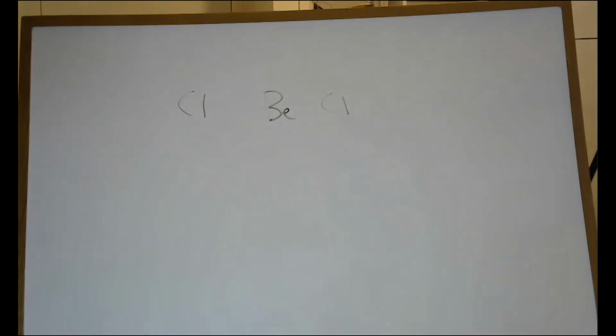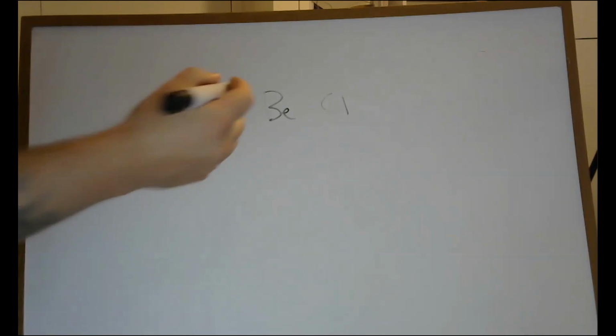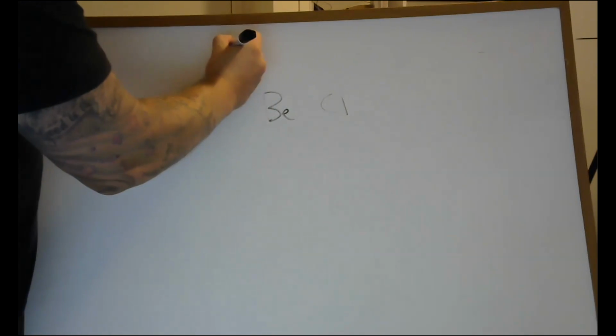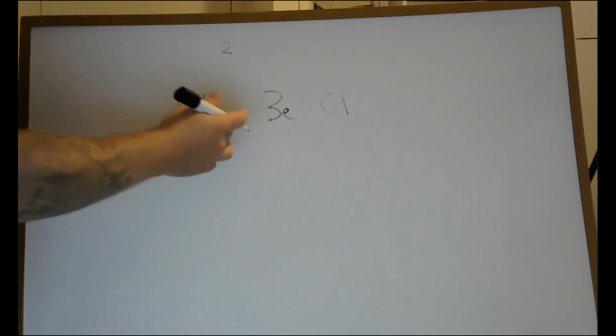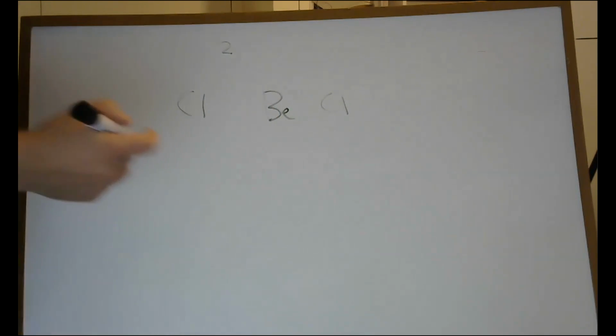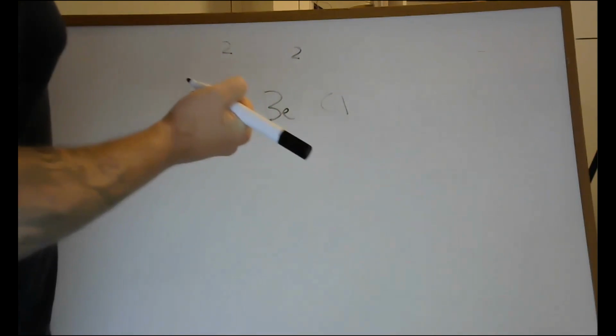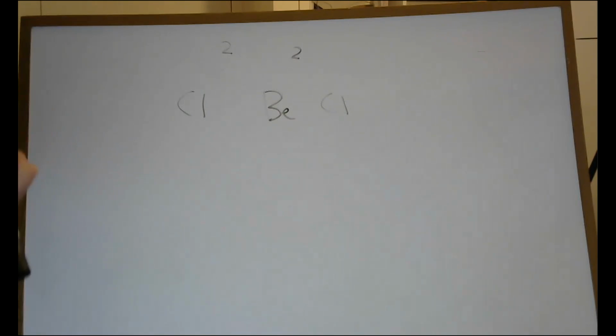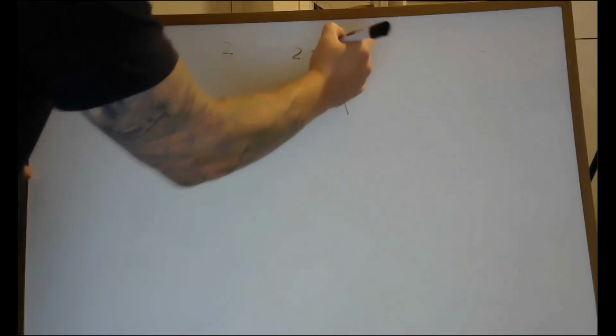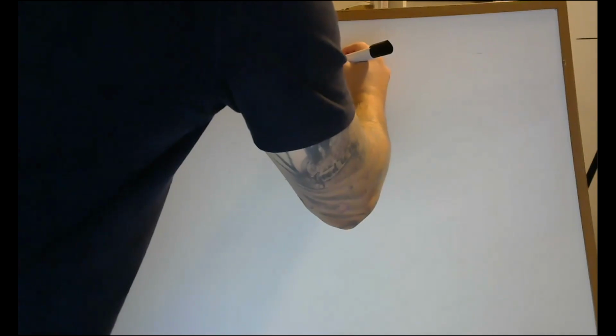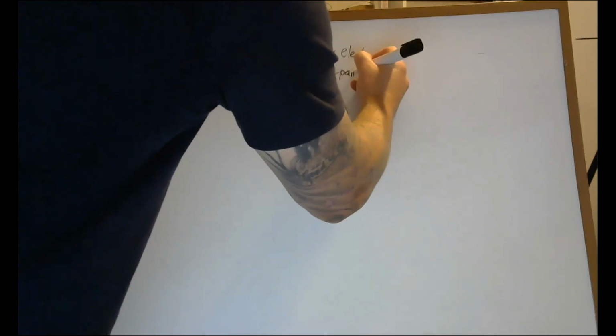So we go back to our Lewis dot structures. So we know that beryllium contributes 2 electrons to the bond because it's in group 2 and there's 2 chlorines, so they both contribute 2 electrons. So there's 4 electrons altogether. We know there will be 2 pairs.